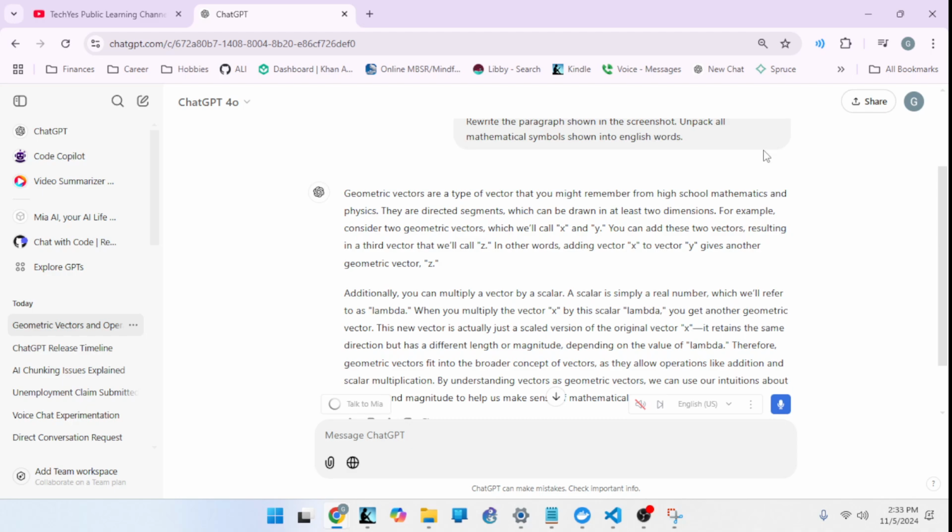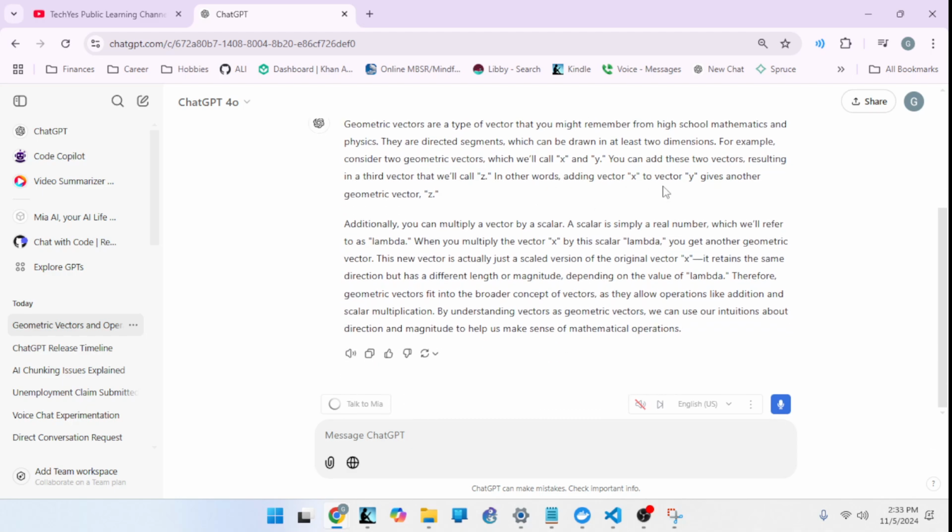You can add these 2 vectors, resulting in a third vector that we'll call z. In other words, adding vector x to vector y gives another geometric vector z. Additionally, you can multiply a vector by a scalar. A scalar is simply a real number, which we'll refer to as lambda.